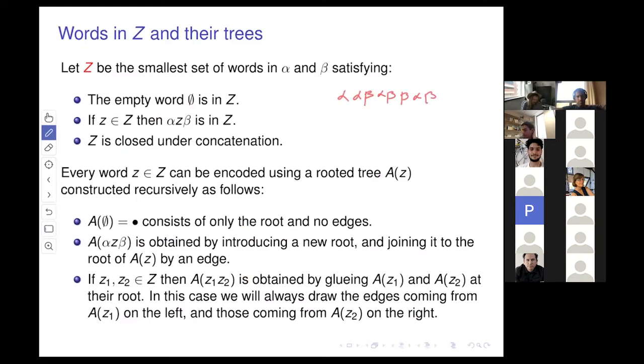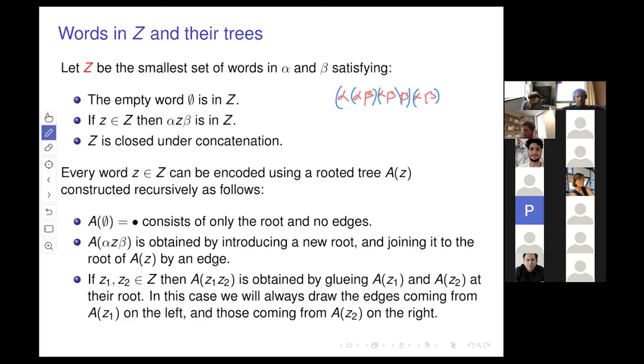And so you may be more familiar with this monoid Z in terms of parenthesizing expressions. This is sometimes called the monoid of parentheses. Such a word in Z corresponds exactly to a valid way of parenthesizing an expression of a certain length, yes? So this is the basic combinatorial object.